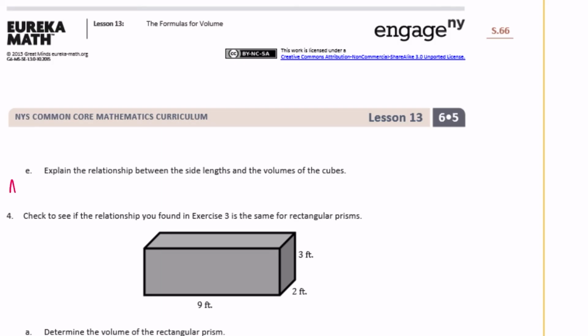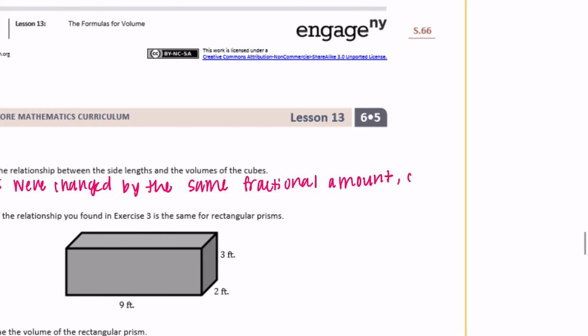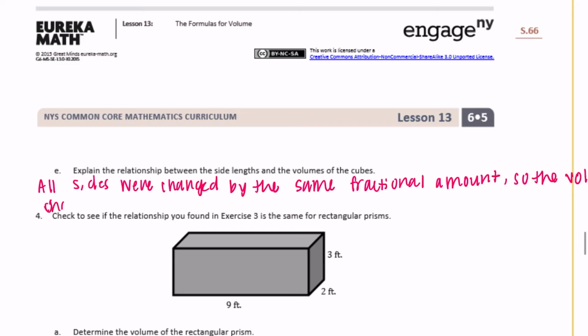So let's say all sides were changed by the same fractional amount. So the volume changes by 3 times that amount.